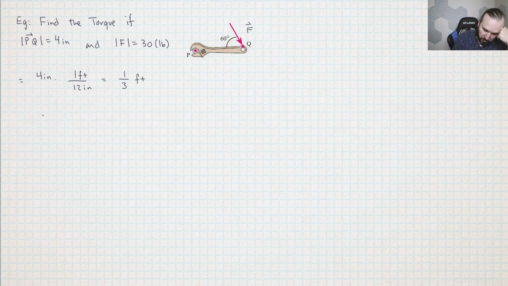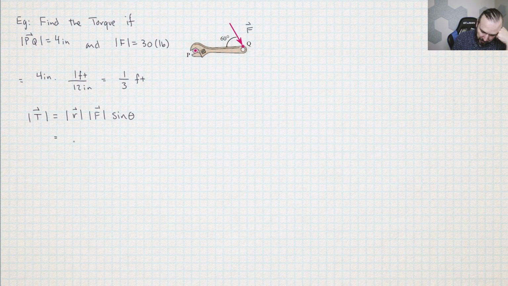So now we're asked to find the magnitude of the torque. This will be the magnitude of R times the magnitude of F times the sine of the angle between them.